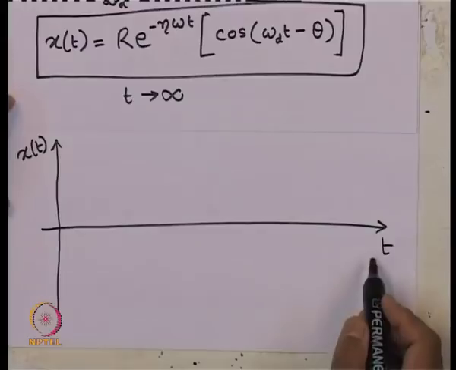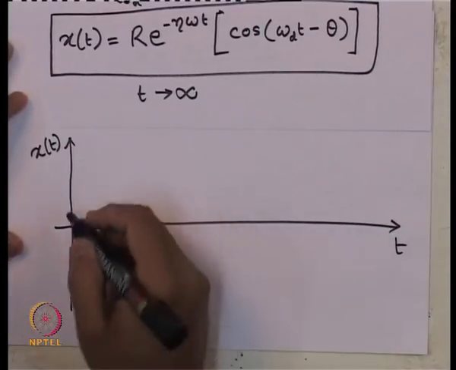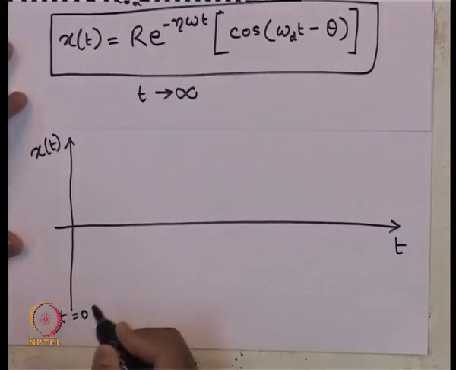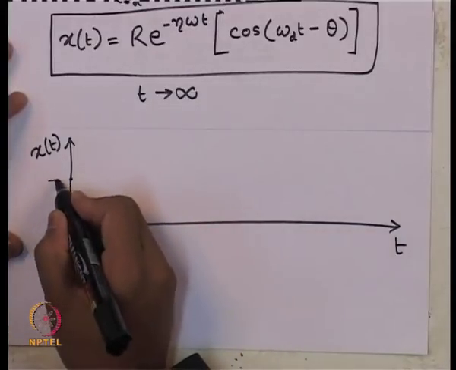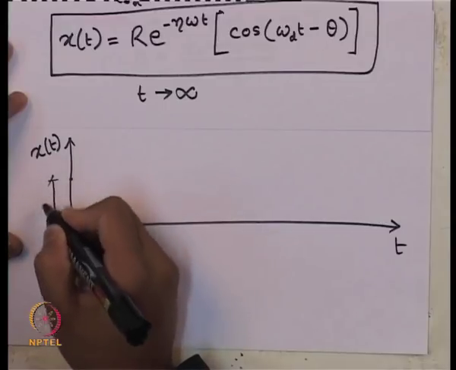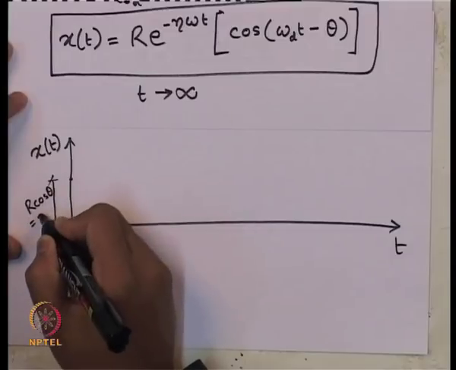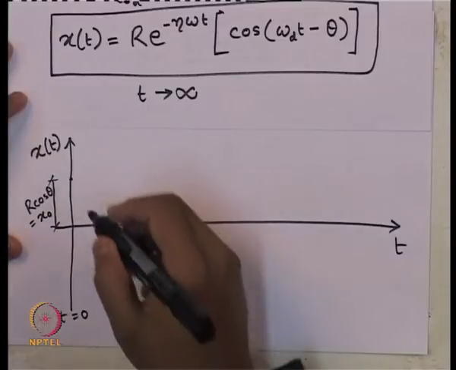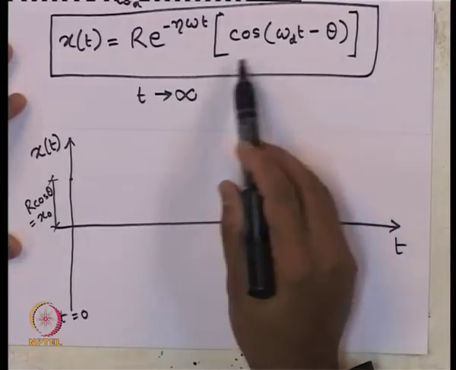X of t I am plotting with respect to t. At t equals 0, we have some value of x naught, which is nothing but r cosine theta, and with some initial velocity it will start.